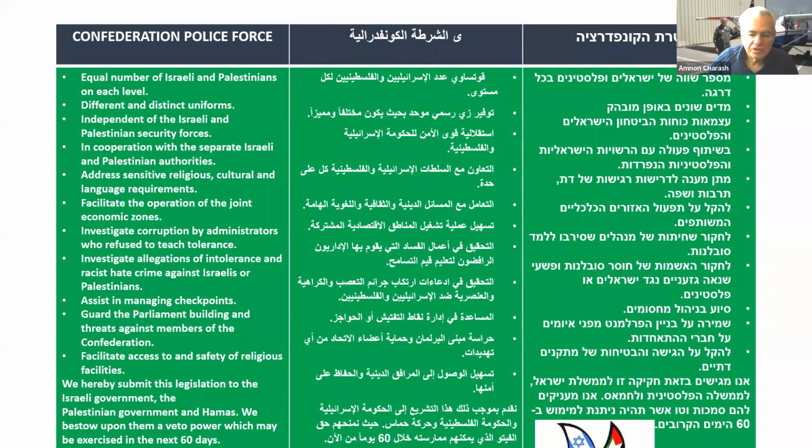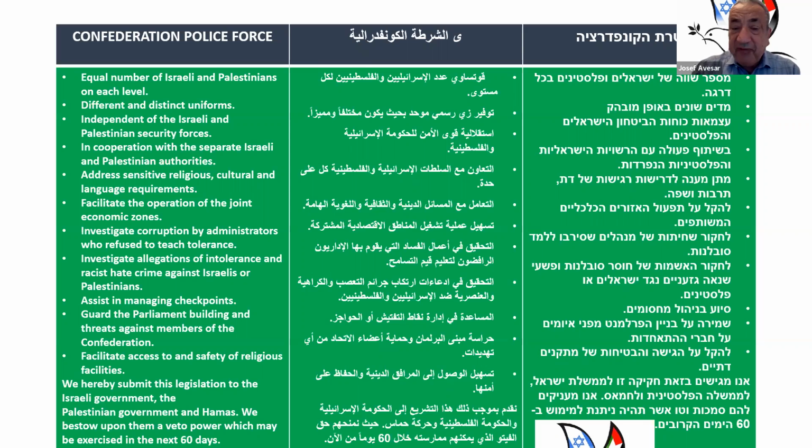Yeah, I have a question. Yeah, Joseph, what's the geographical area we're discussing here? The entire West Bank and Israel, or just the security zones and border areas only? What is the geography here? It's specified in general terms what would be the duties of the police force, but it says that it's in cooperation with the separate Israeli and Palestinian authorities.